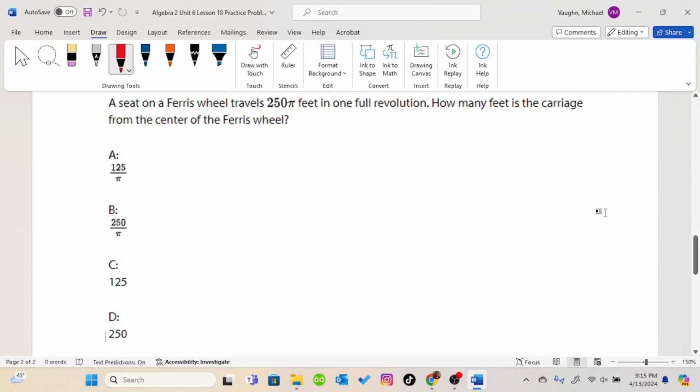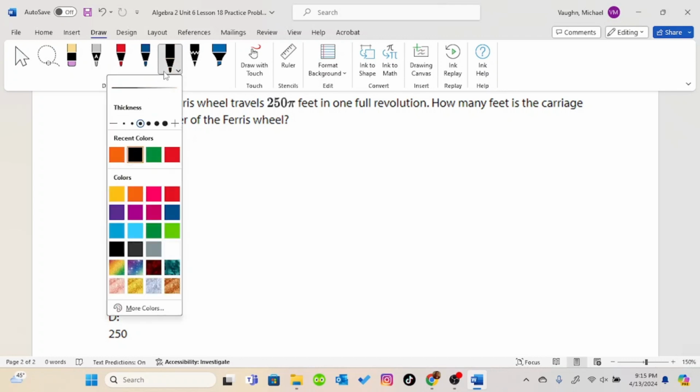A seat on a Ferris wheel travels 250 pi feet in 1 full revolution. How many feet is the carriage from the center of the Ferris wheel?